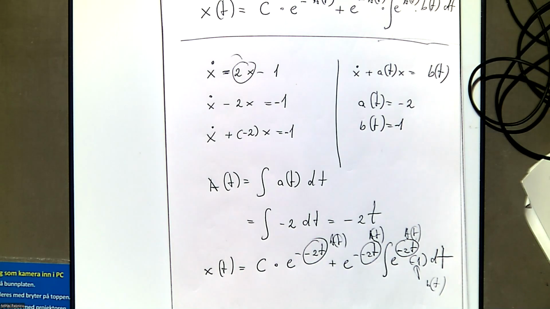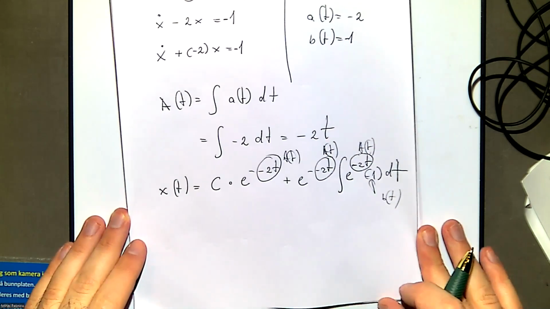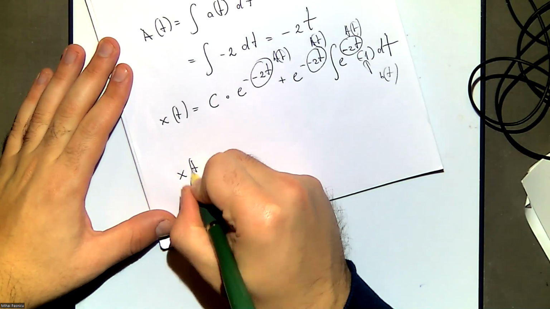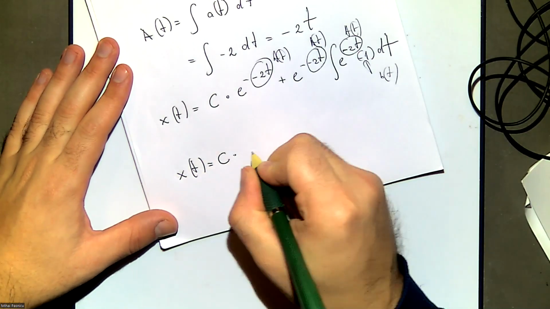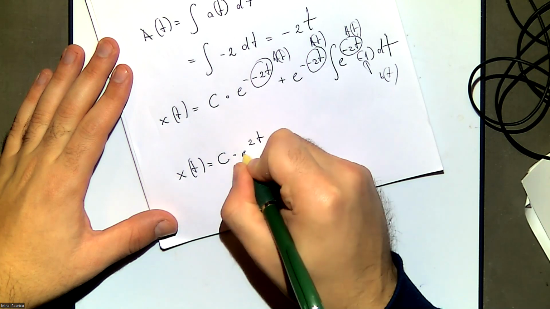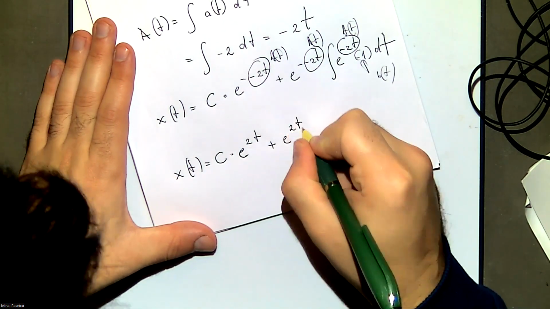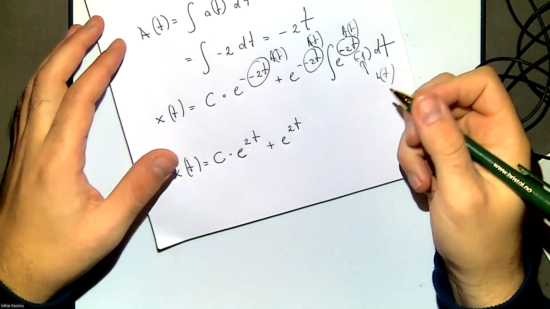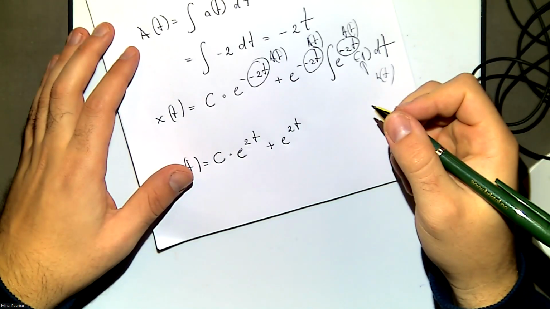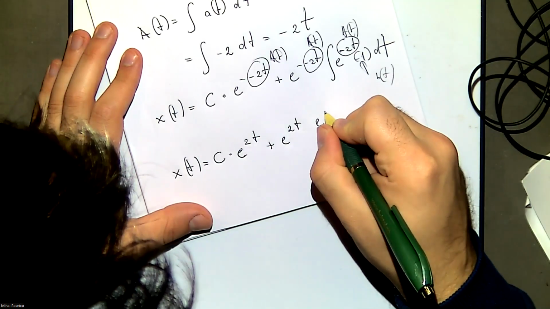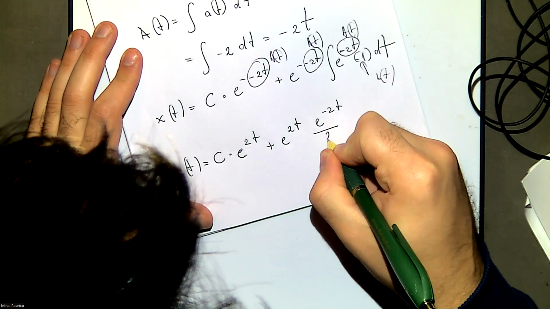All right, and now I only have this integral left to solve, which I think at this point we should be quite comfortable solving. This is just e to the power of 2t plus e to the power of 2t times e to the minus 2t over 2.